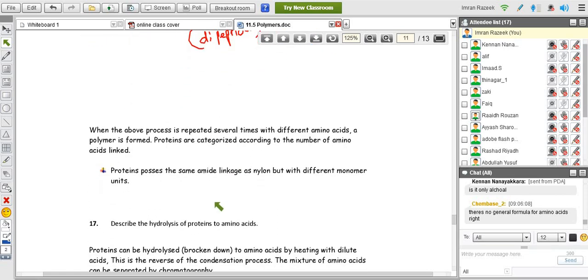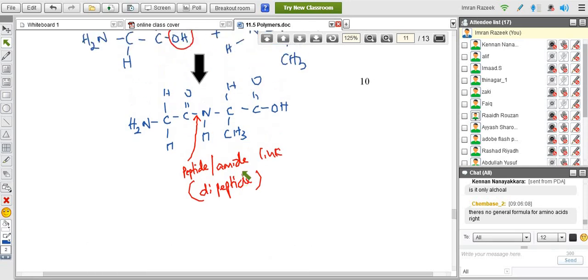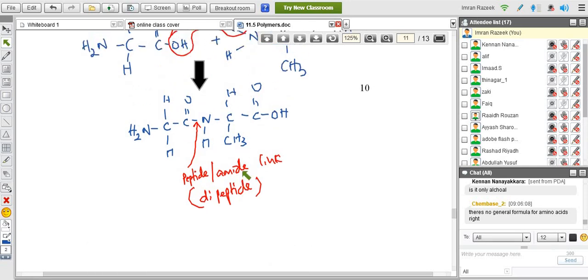As for the general formula of amino acids, you can't fix a general formula because the R group differs. But if you have amino acids where the R group only increases by a CH2 group, then you can derive a general formula.